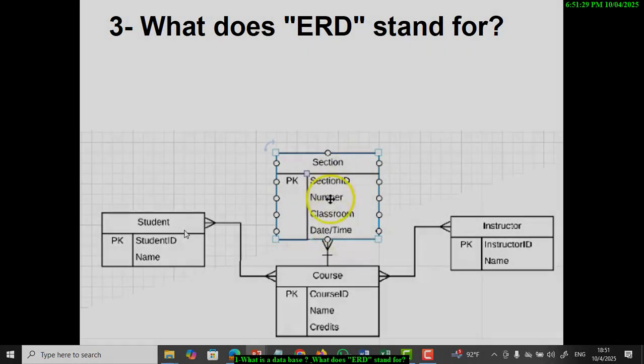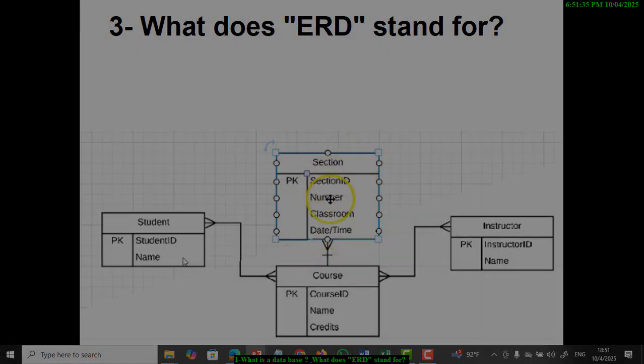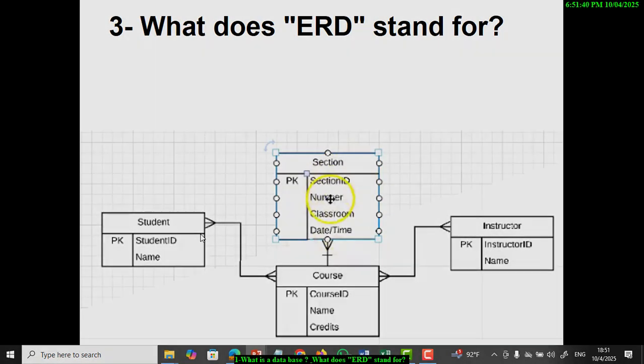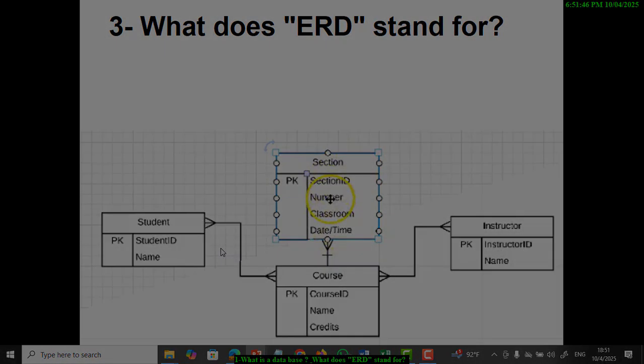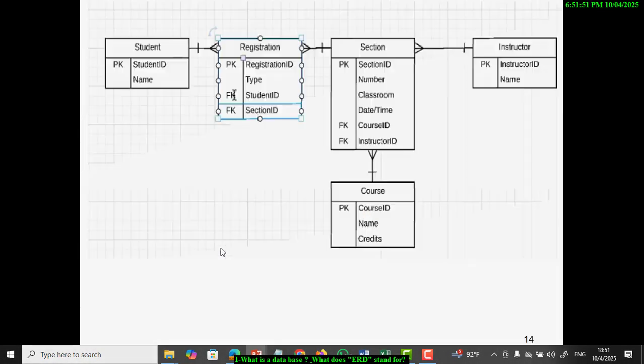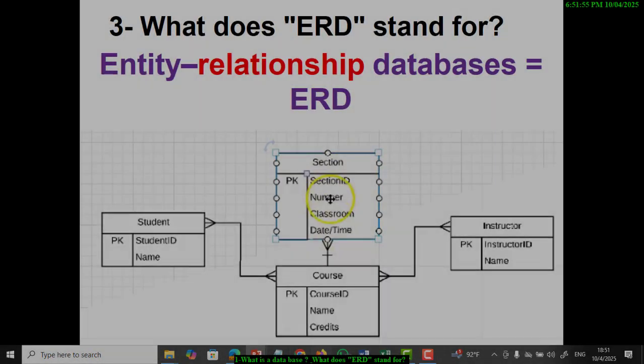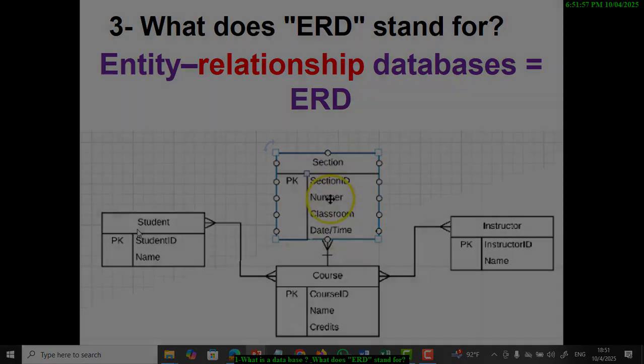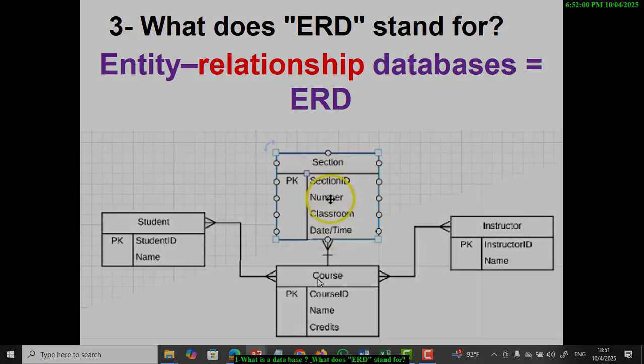A student learns many courses, and the course is taught to many students. So here it is many to many. So if there is a many-to-many relation, it will consist of 2 one-to-many relations. So let's go and see what will happen. Here, this is the relation between the table of student and the table of course.